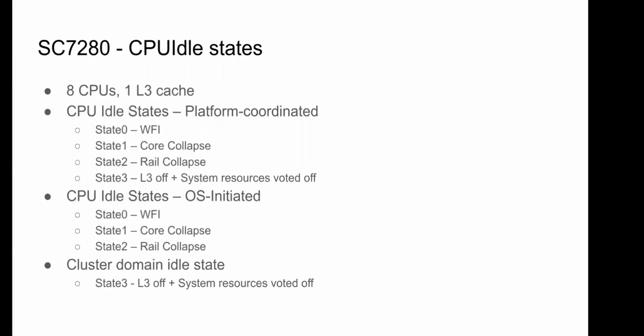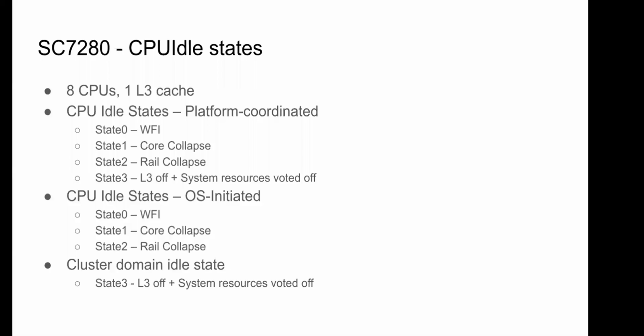Yeah, so coming to SC7280 platform, it has 8 CPUs and 1 L3 cache, and its CPU idle states are defined as state 0 to 3, where 0 is WFI. State 1 is for a core collapse, state 2 is a cluster level collapse, and state 3 is an L3 off. Additionally, we are doing last man activity called a system resource to be voted off in state 3.